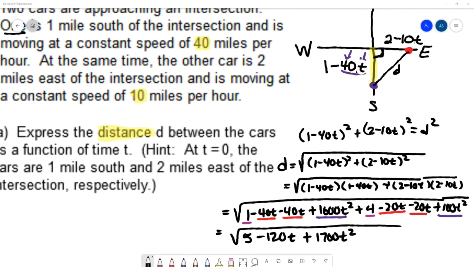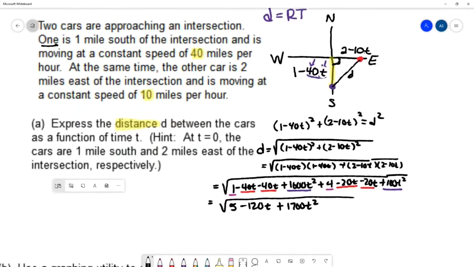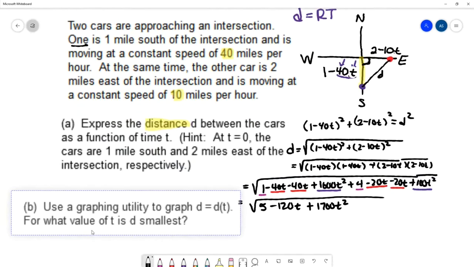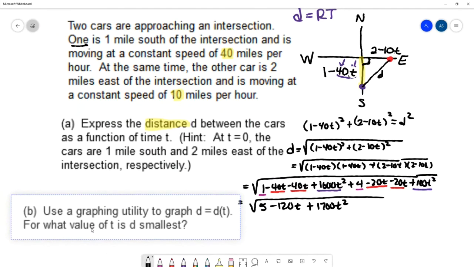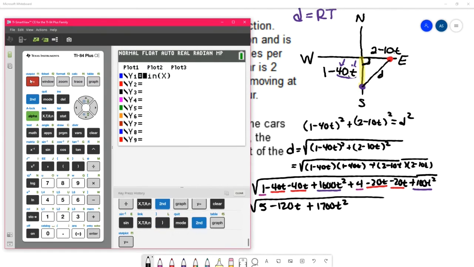Okay, so then we want to use that formula that we've created to answer this question. We want to use a graphing utility to find what value of t produces the smallest distance. So there we're going to use our TI graphing calculator.